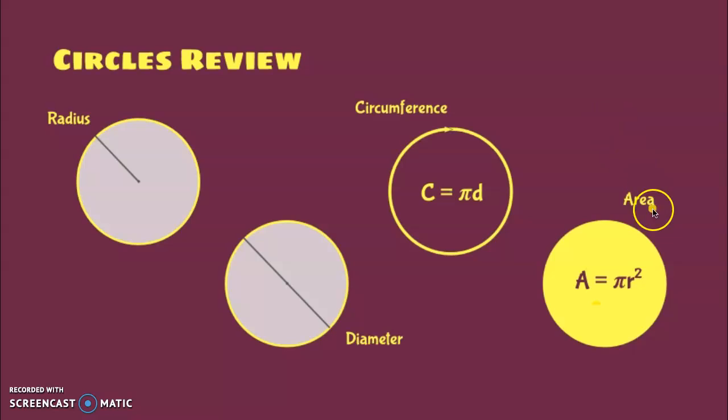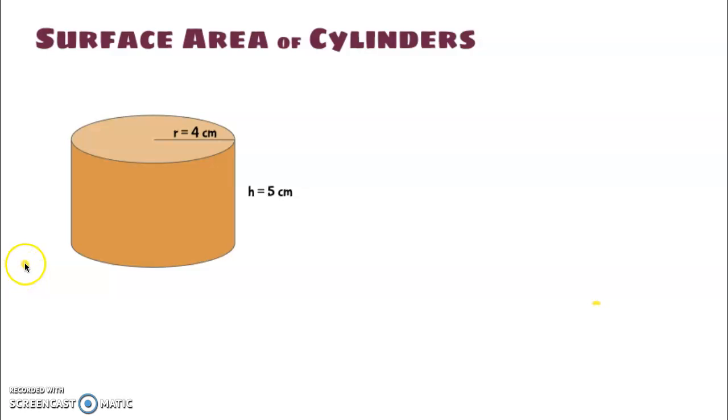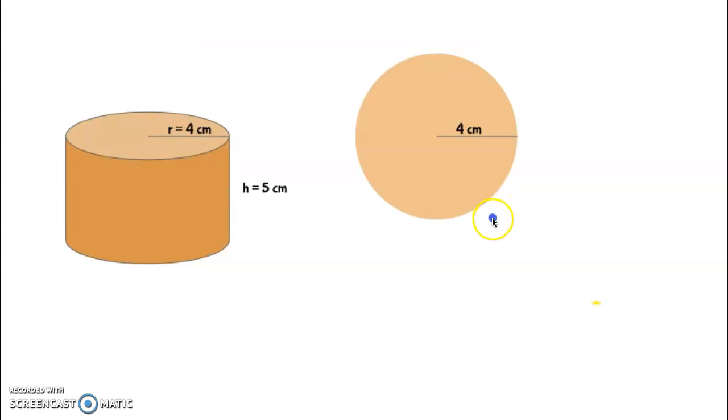So we'll need to make use of all of this knowledge of circles when we find the surface area of a cylinder. Let's try our first one. So as we said before, a cylinder is made up of two circles and this sidewall or lateral surface. So we could pull the top circle out like this to help us find the area. And then we've got a circle just like it on the bottom of the cylinder.